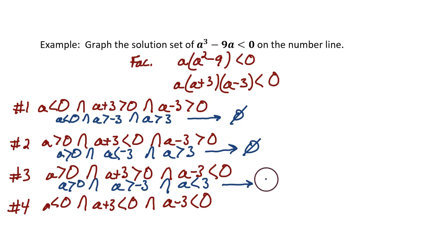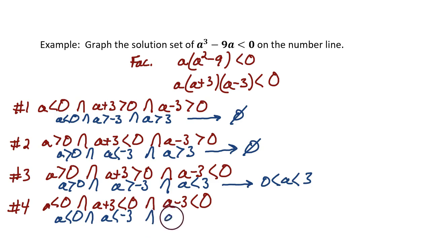Combining that together, a must be between 0 and 3. Situation number 4. A is less than 0, and a is less than negative 3, and a is less than 3. Is this an empty set, or does this actually describe numbers? This can be expressed simply as a is less than negative 3.